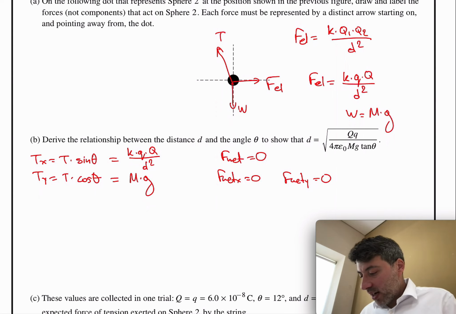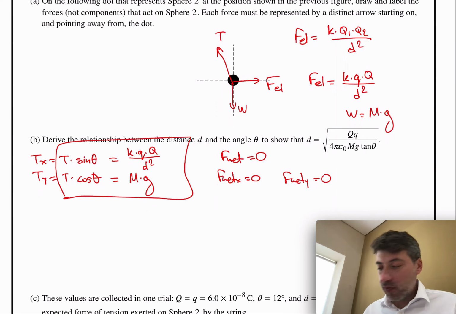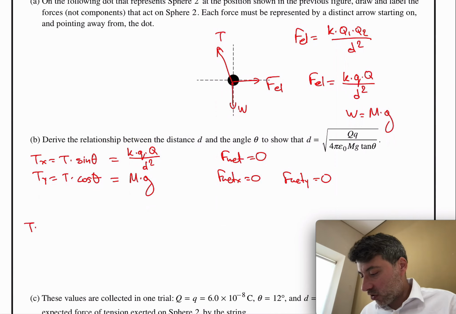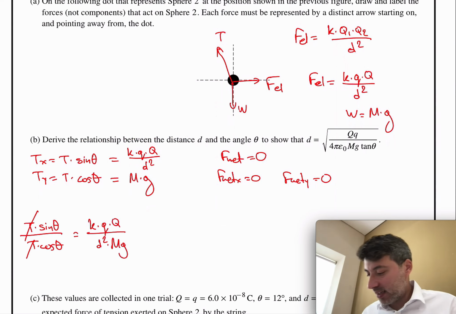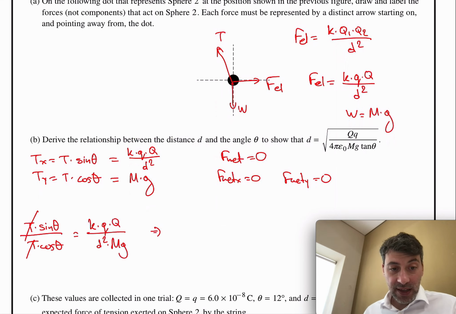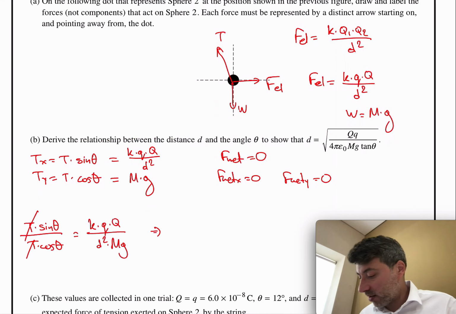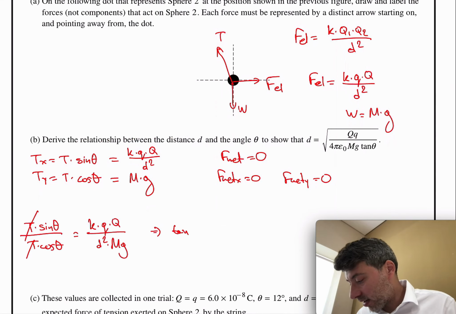Now we get two relationships, and if we divide them, we get tension sine theta over tension cosine theta is equal to k q over distance squared over mg. The tension is cancelled. Sine over cosine is tangent of theta, and if we solve for distance squared, first we say tangent of theta multiplied by distance squared multiplied by mg is equal to k q.